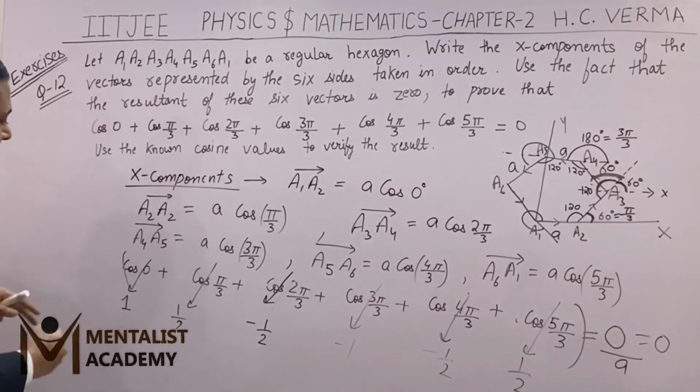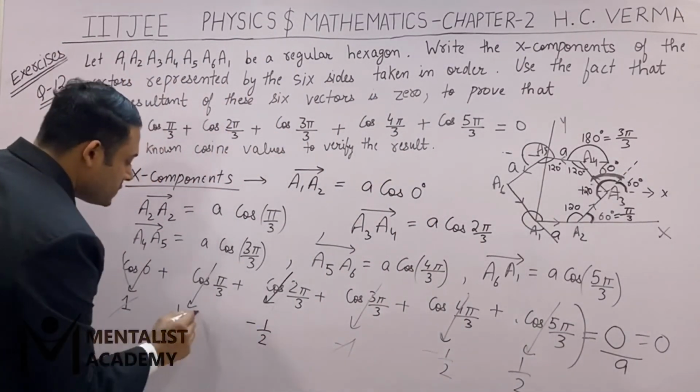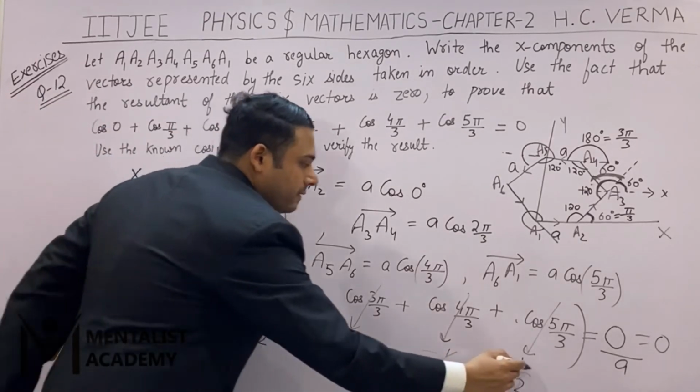So finally सारी टर्म कैंसिल आउट हो जाएंगी, 1 minus 1 half minus half and half.